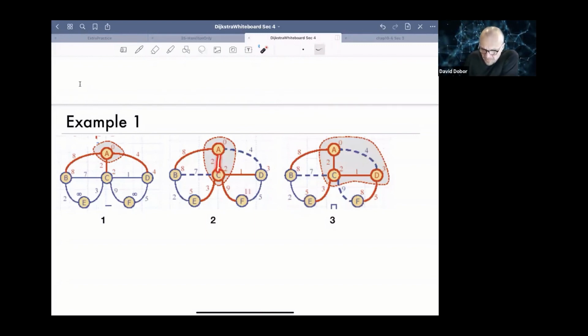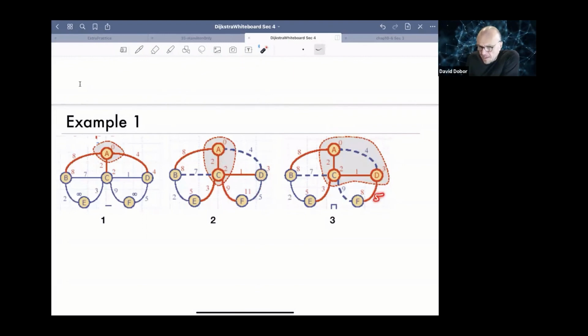It was this path of 2 from A to C and then from C to F. That was before D was added to the cloud. But now I have D in my cloud, so I can consider the edges emanating from D as well. Before it was a blue edge, but now it is a red edge, so I can consider this edge.